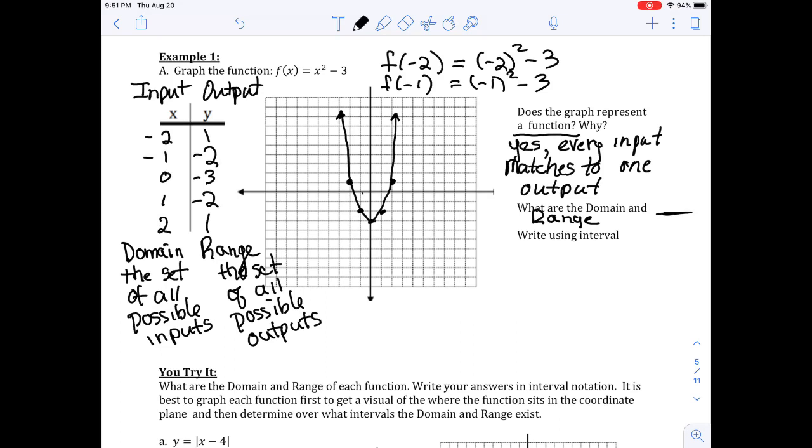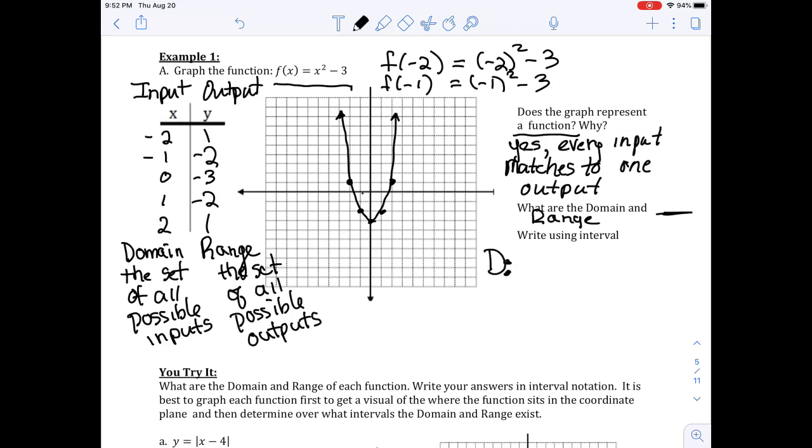So let's think about the domain. What sort of values can we use as inputs in this function equation? So I use negatives, I use 0, I use positives. So there are not any restrictions on the inputs that I could use for that x in that equation. I could plug in any negative number, any positive number, and I've already plugged in 0. So we would say that all the numbers can be used as inputs.